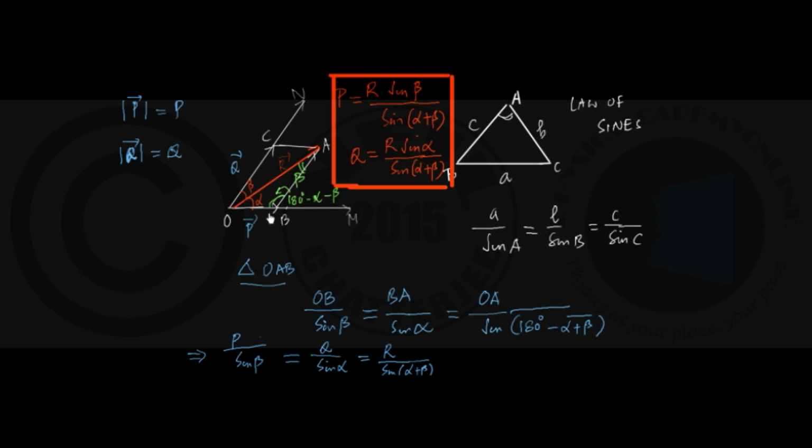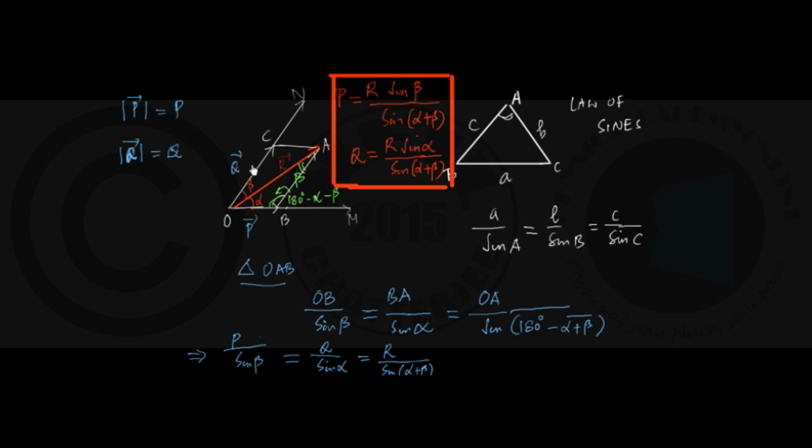But then OB is named P and OC is named Q, and by using the law of sines, we have established that the magnitude of P, which makes an angle of alpha with R, is given by R, that is the magnitude of the original vector, multiplied by sine of the angle beta, that is the angle between R and the other component vector, not P. Here, note carefully, alpha was the angle between R and P, and beta was the angle between R and Q.